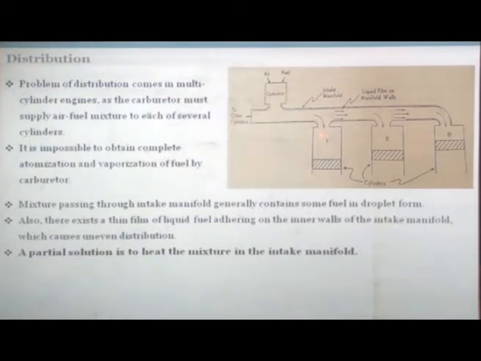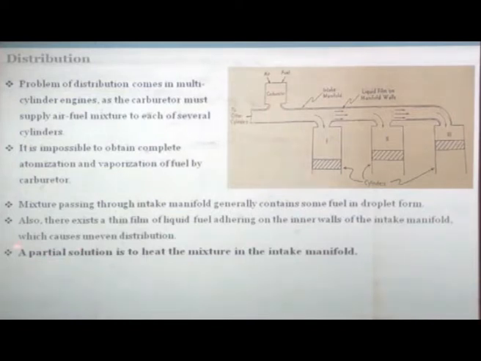Why uneven distribution? Because droplets have inertia. So, they will not like to go into the turning flows, they would like to follow the straight flow, and when they come to the extreme cylinders, they have no choice but to go to the last cylinder. So, the extreme cylinders will get richer air fuel mixtures, and the central cylinders will get leaner air fuel mixture.